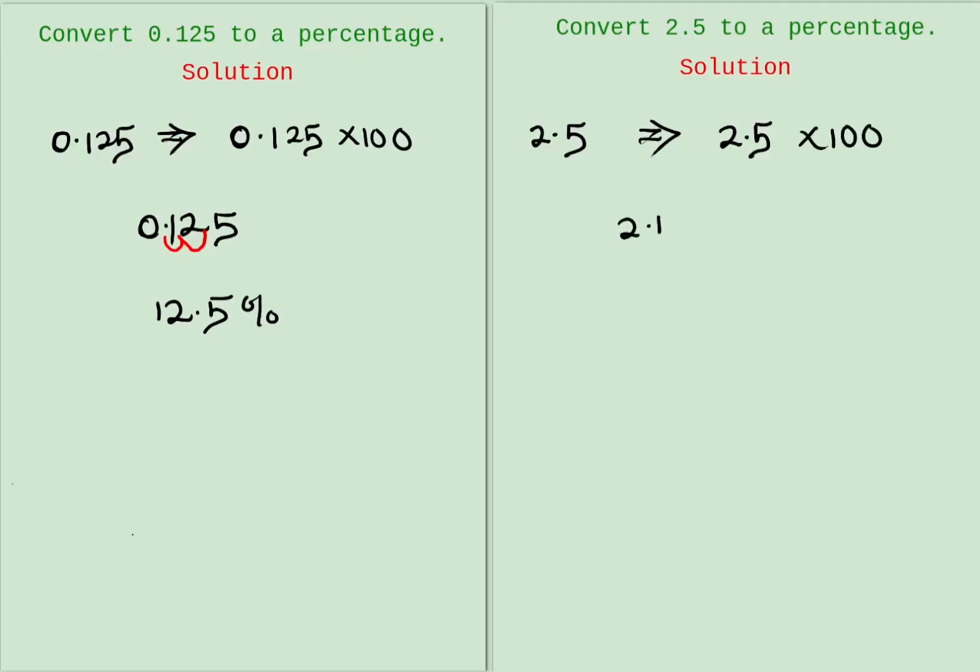We can add trailing zeros as much as we want, and we move our decimal point to the right 2 times. You are going to get 2, 5, then with your 0. So 2.5 in percentage becomes 250%, and that is all.